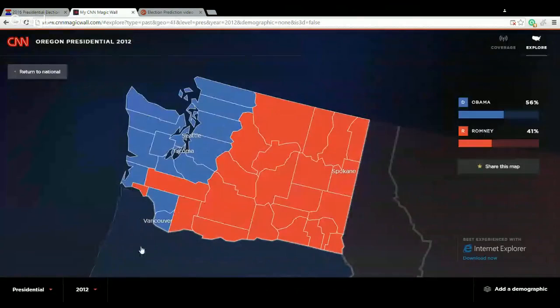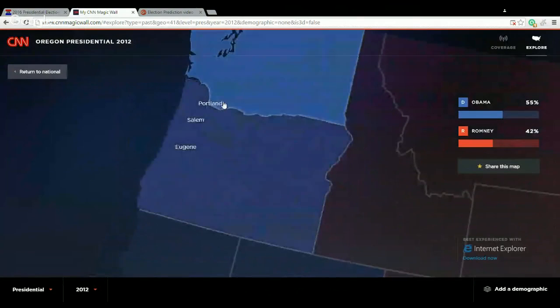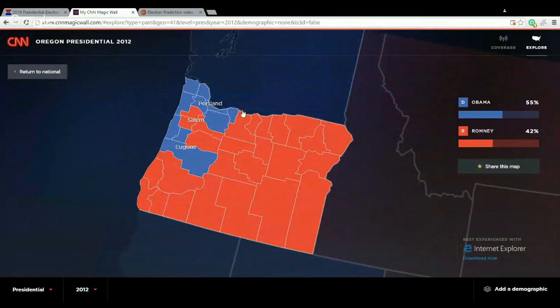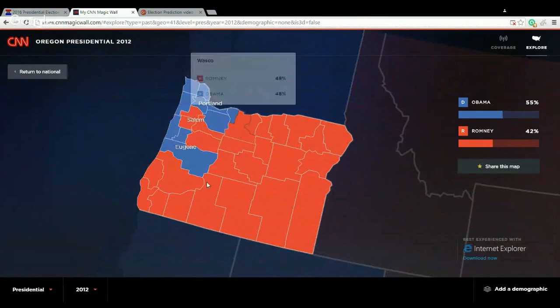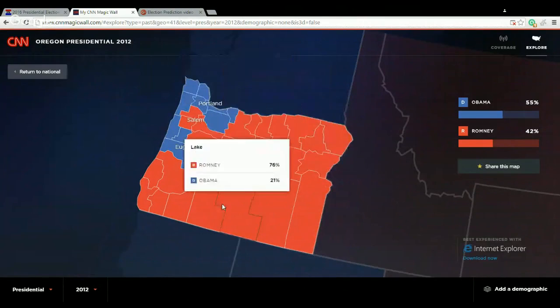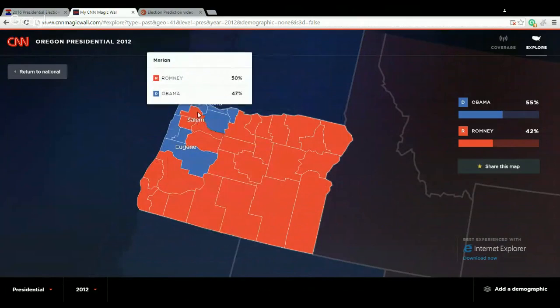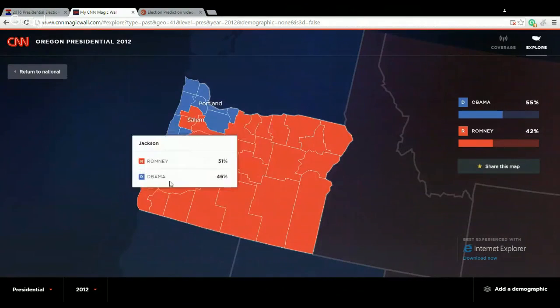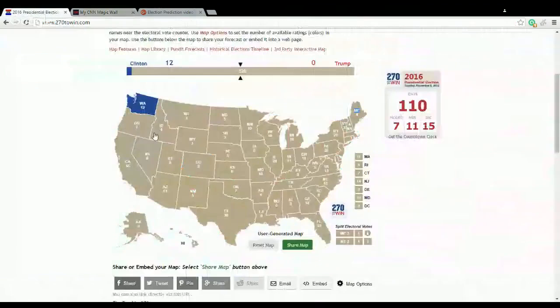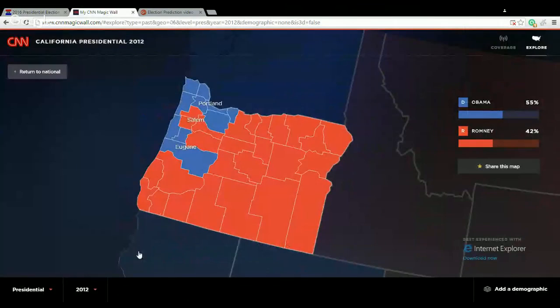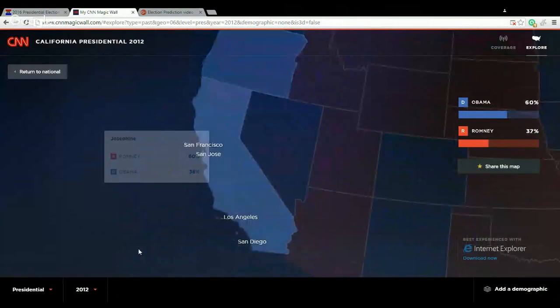And the same exact thing happens down here in Oregon. The populated area has the Democratic vote, while the rural area, with the exception of Salem, has the Republican vote. So that's why in this election, Oregon goes for the Democrats. Now moving south to California, the same exact thing happens here too.